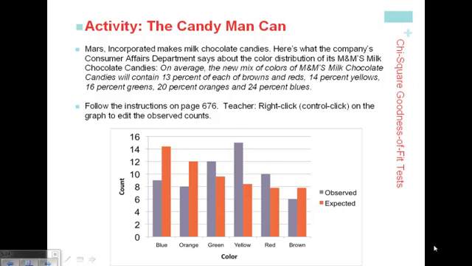On average, they make these candies so that about 13% of the candies are brown, 13% are red, 14% are yellow, 16% are green, 20% are orange, and 24% are blue. I would call the colors for the distribution of those candies categorical.